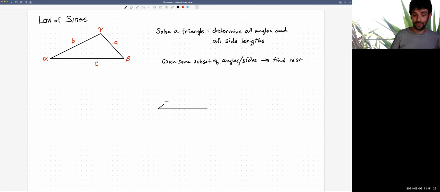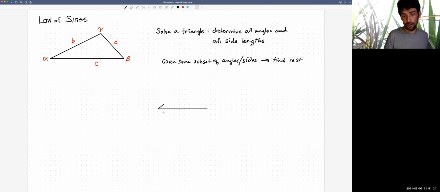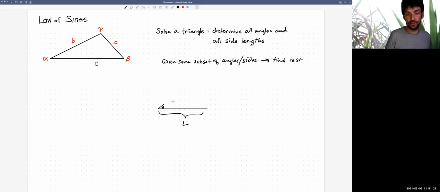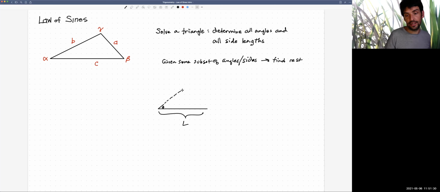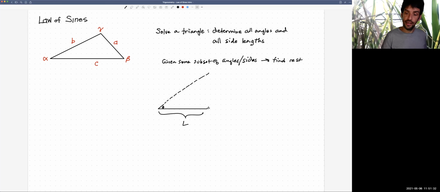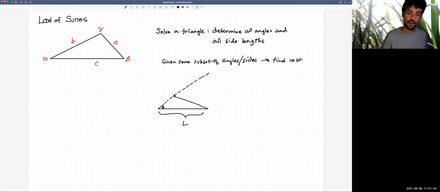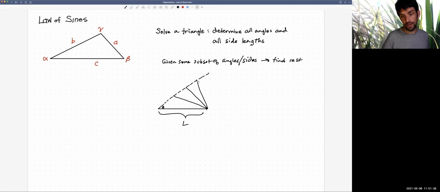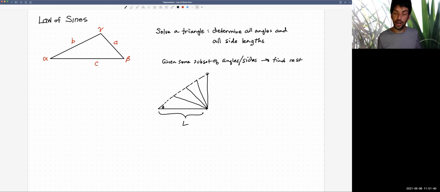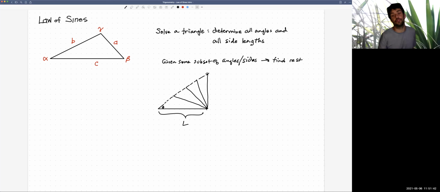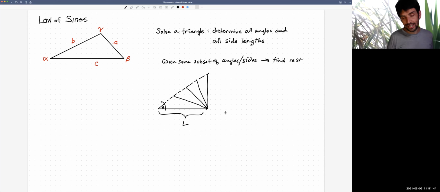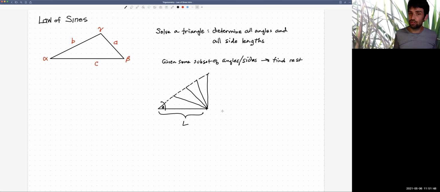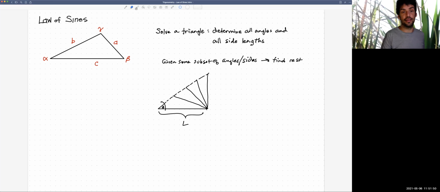Well, again, it turns out there's an infinite number, because if all I know is this side length is given, this is some length L, and I have some angle theta in here, well, I can extend this side as long as I want, and then there would be a triangle that could work. I can keep doing this forever, and all of those triangles would have this angle and this length in them. And so again, there's not a single triangle determined by these.